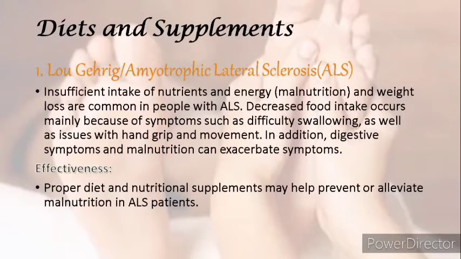In addition, digestive symptoms and malnutrition can exacerbate symptoms, and the effectiveness is that proper diet and nutritional supplements may help prevent or alleviate malnutrition in amyotrophic lateral sclerosis patients.